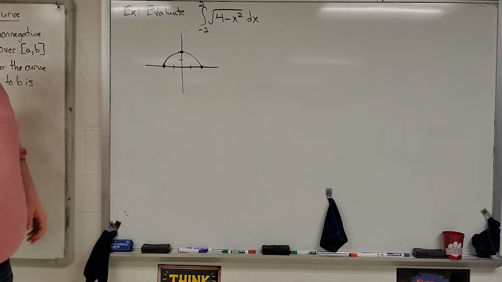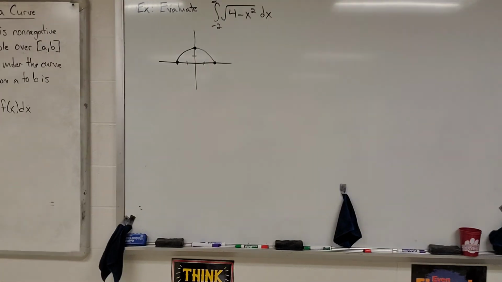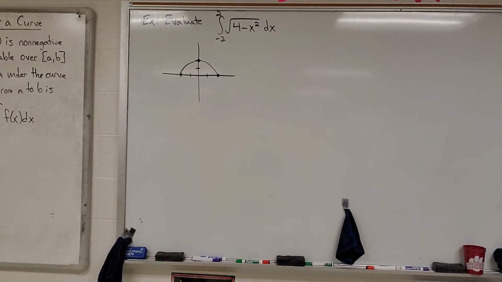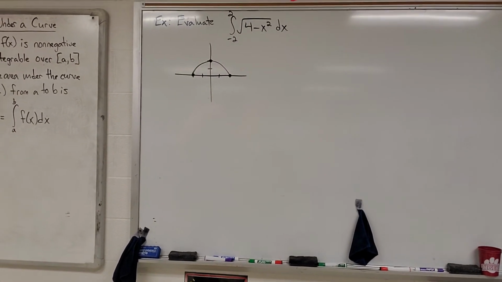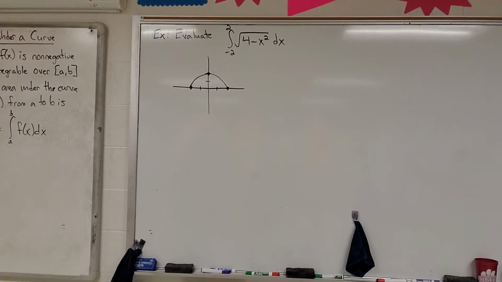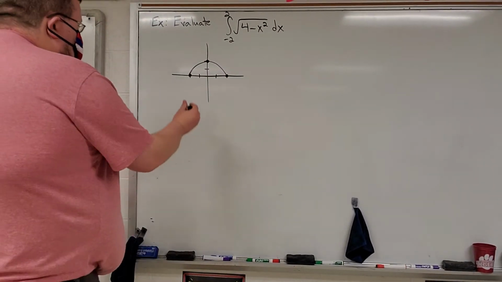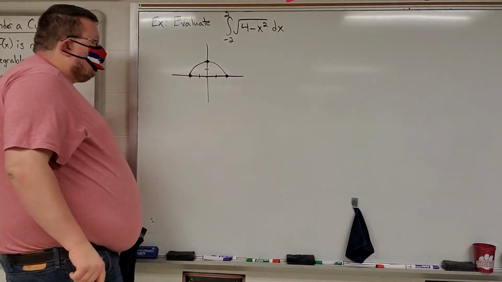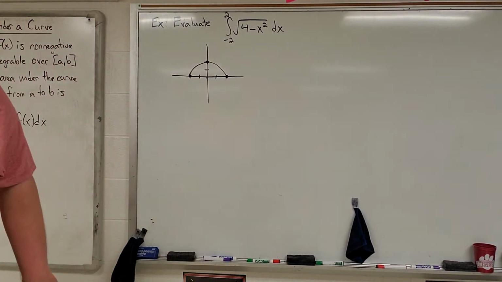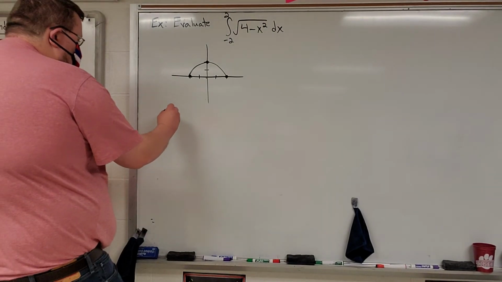What shape is that function, the graph of that function then? Hopefully you recognize that as a semicircle. It is a semicircle, with a radius of 2. So if we graph that, we could get the idea that that's a semicircle with a radius of 2.